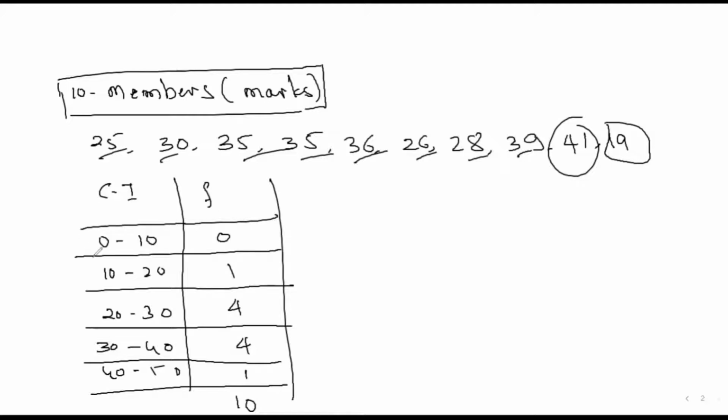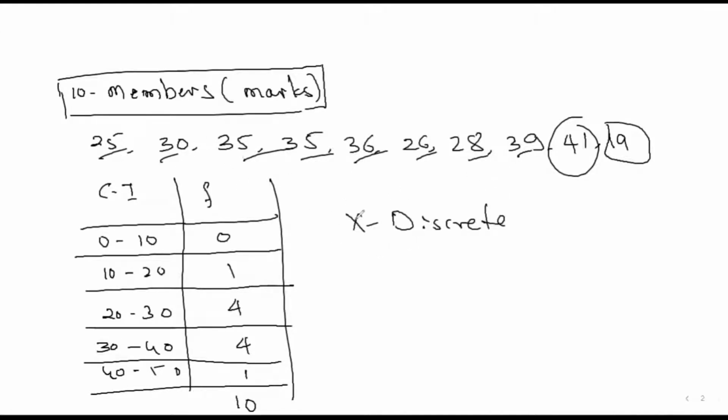Then what is discrete frequency distribution? Discrete frequency distribution means the variable, which we consider here as x, is discrete. A discrete variable is one which has only integer values, like age and marks. Observe here, there is no 25.5 or 25.6 like that.